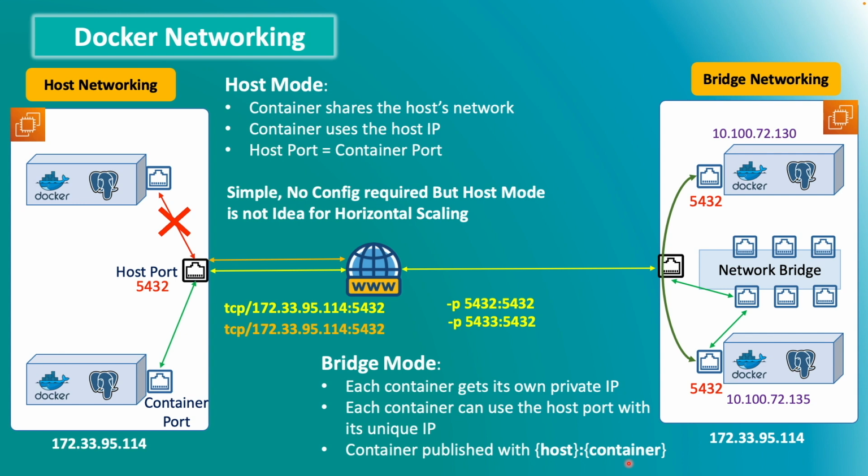Using this mode, we can use horizontal scaling and route traffic to the containers running in parallel. This resolves the first problem. However, it introduces a new problem. Let's understand the problem first, then we'll discuss the solution.